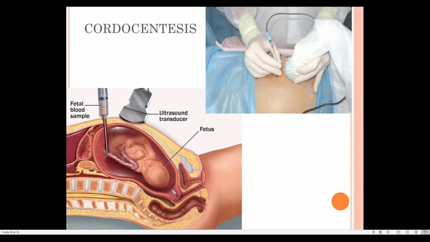Here on the picture you can see a scheme and real photo of chordocentesis. Under transabdominal ultrasound guidance, a special needle punctures the cord vein near the placenta, because in that region the cord vein is the widest, and to exclude the baby's trauma and technical problems, we immobilize the baby by giving myorelaxants for a short time.